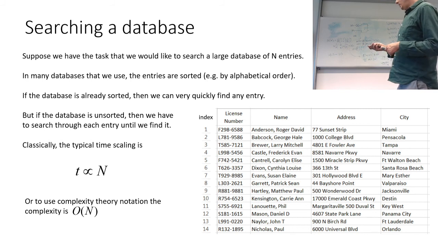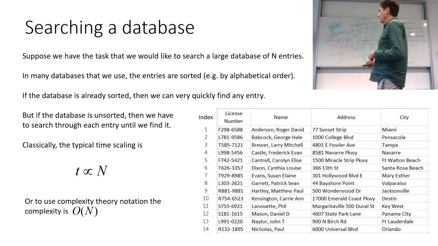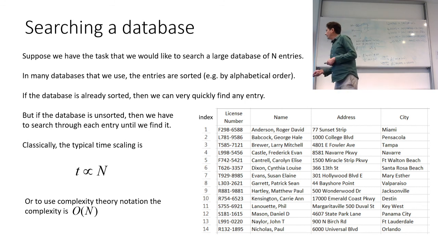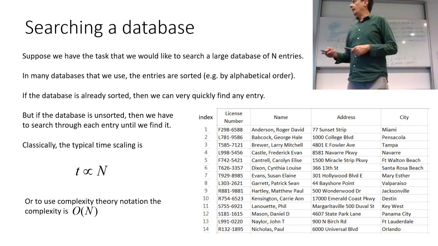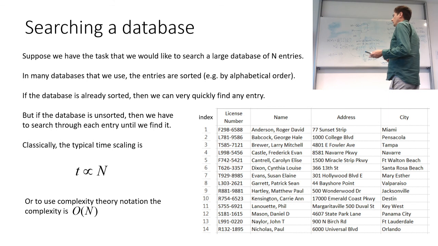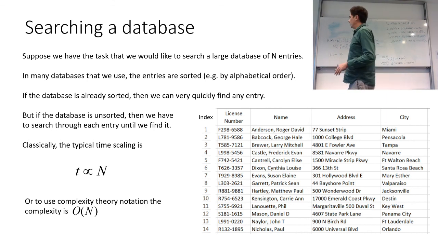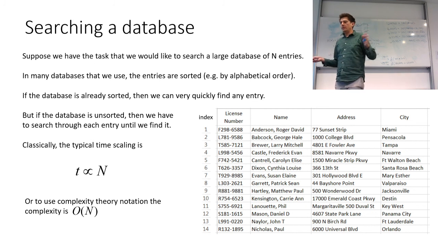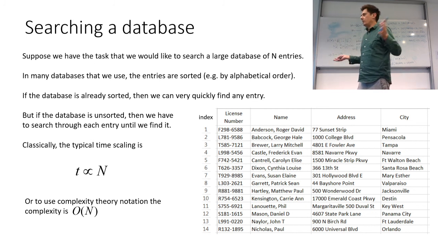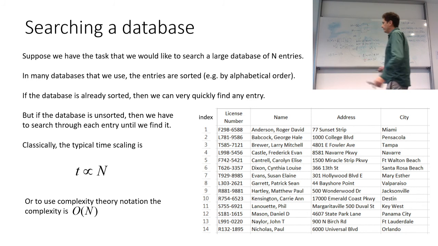This database here is sorted in alphabetical order, but unsorted in any of the other entries like license numbers, addresses, cities. So the idea is to find one of these entries, and classically, really the only way to do this is to go through one by one, because there's just no organization to the database, basically no strategy that you can really follow.